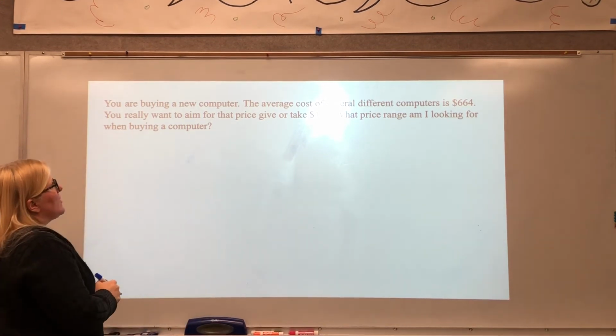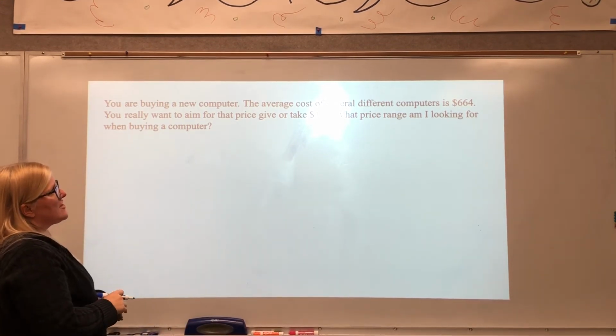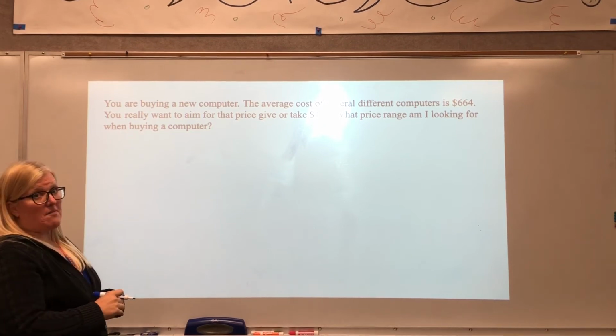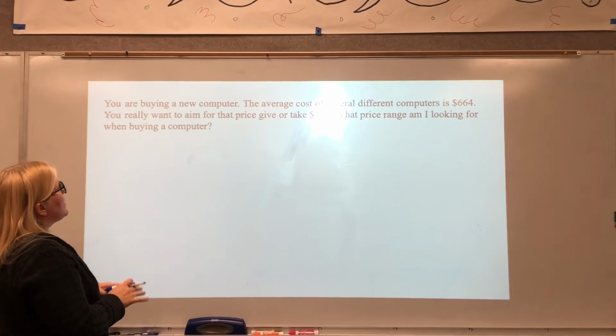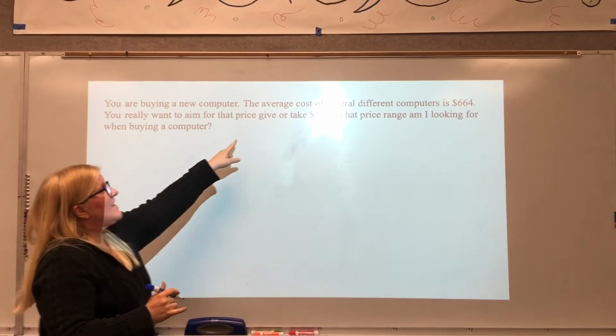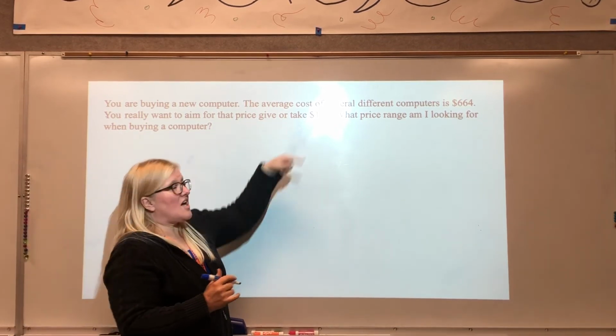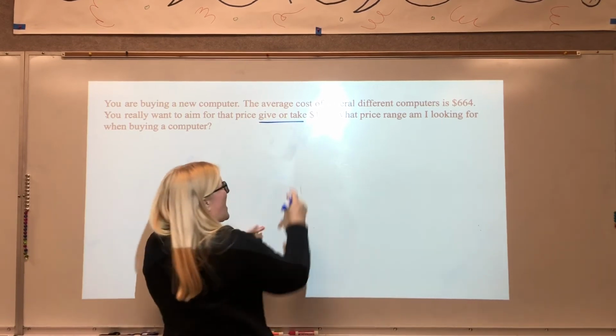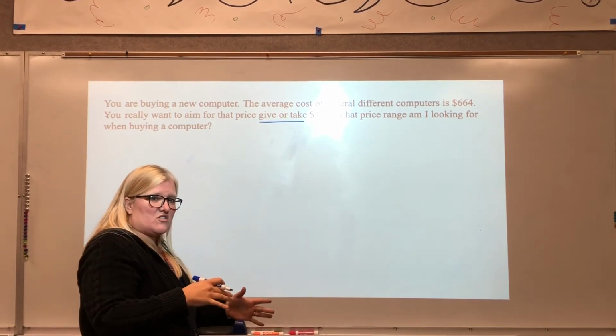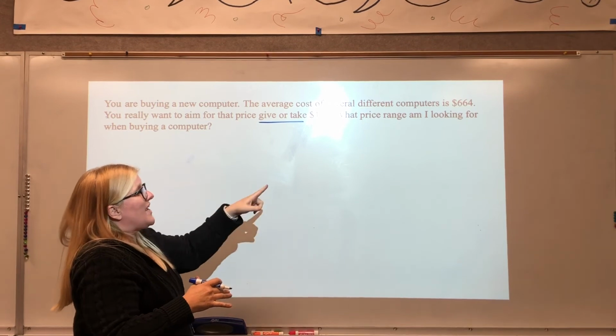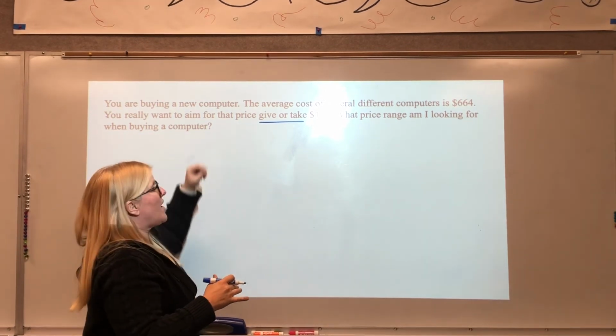But we have, you're buying a new computer. The average cost of several different computers is $664. Wouldn't that be nice? You really want to aim for that price, give or take $100. What price range am I looking for when buying a computer?